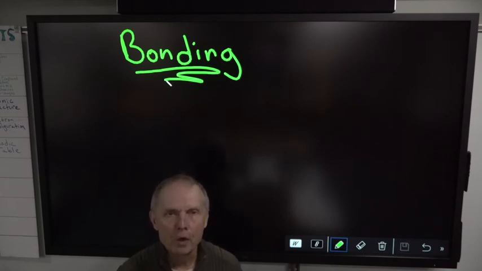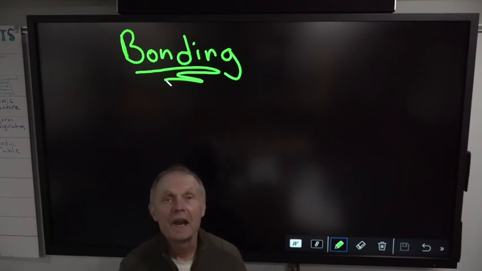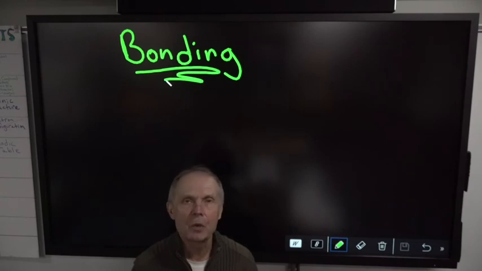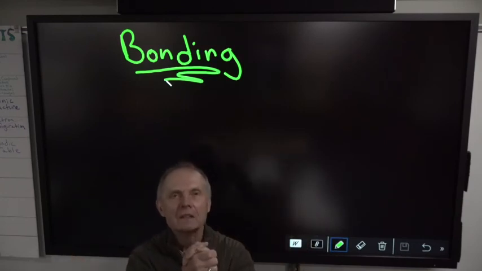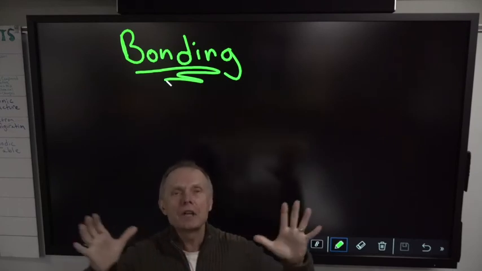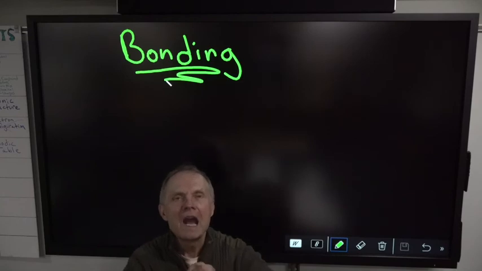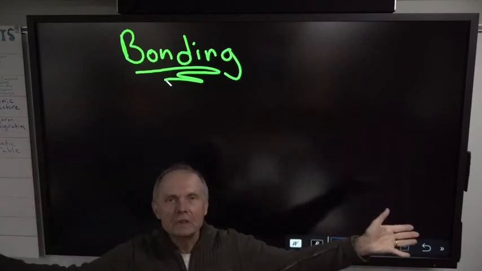In order to form a bond, there has to be a collision between the 2 atoms, like that. So when 2 things, I don't care what they are, 2 cars, 2 people, 2 bicycles, when 2 things collide, energy is given off, right?